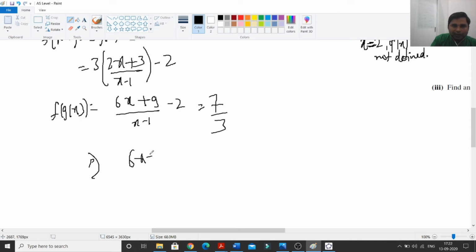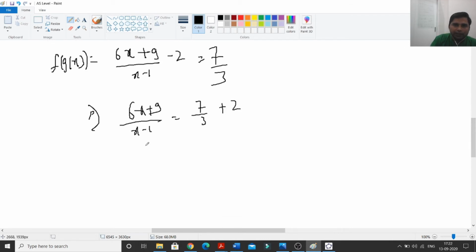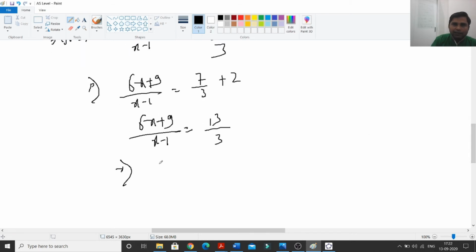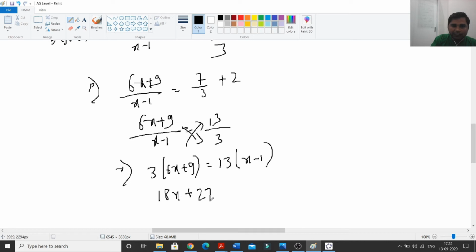Now let's solve this. So (6x plus 9) divided by (x minus 1) is 7 over 3 plus 2. Okay, so (6x plus 9) divided by (x minus 1) is 13 divided by 3. Now we'll cross multiply here. So 3 times (6x plus 9) equals 13 times (x minus 1). 18x plus 27 equals 13x minus 13.